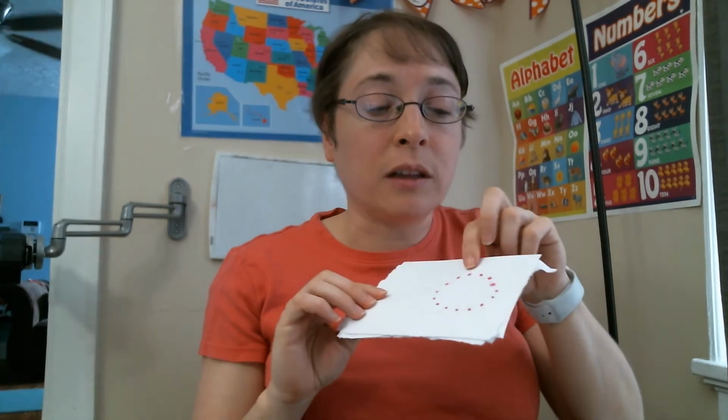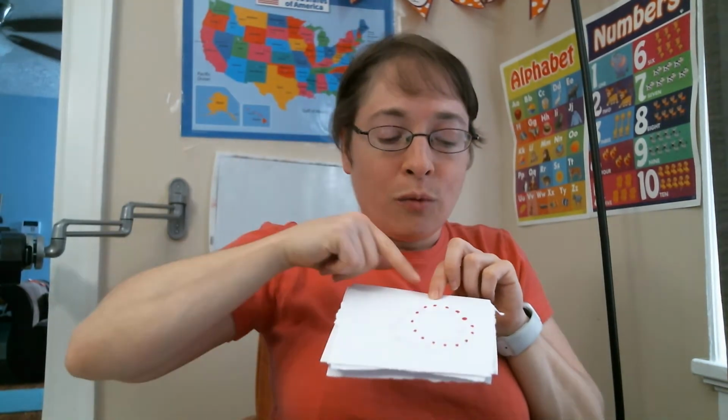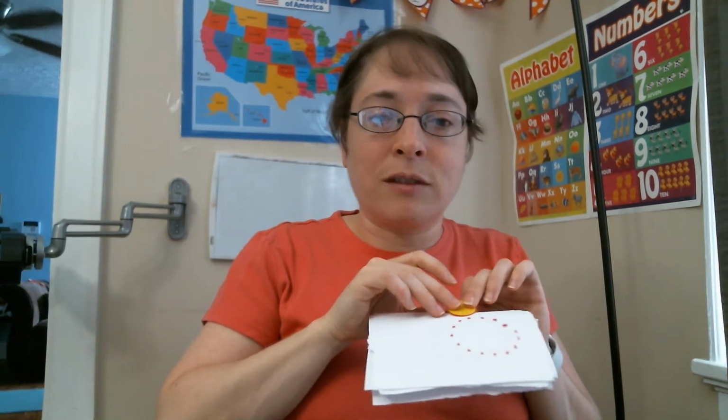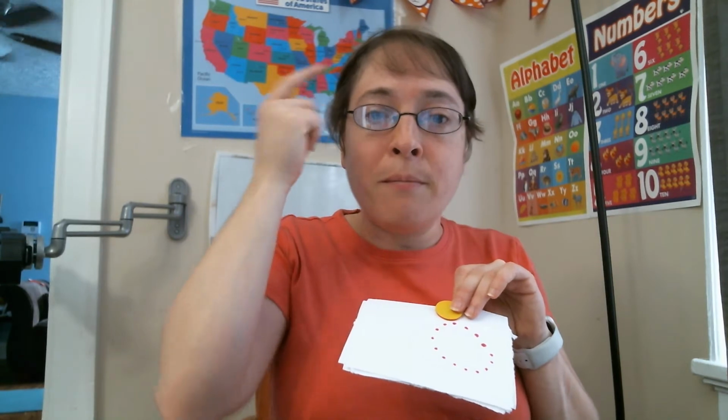And if it's hard to count with a finger left there, you can put a little counter or a little object where you start to count, so you remember where you start to count.